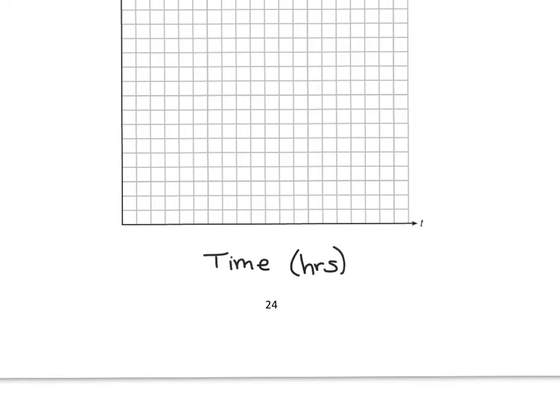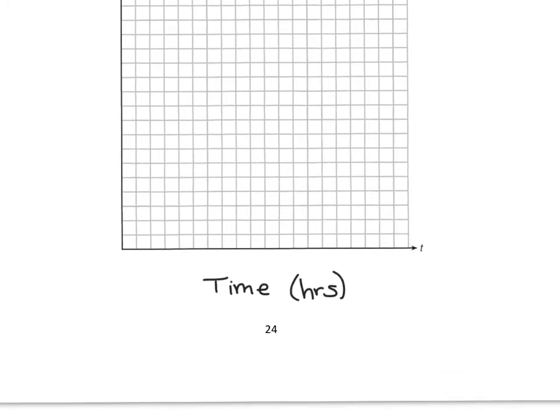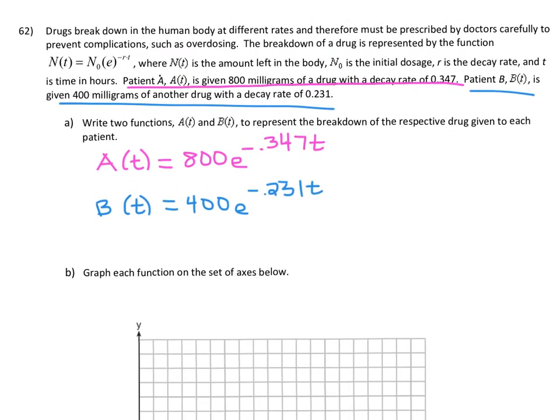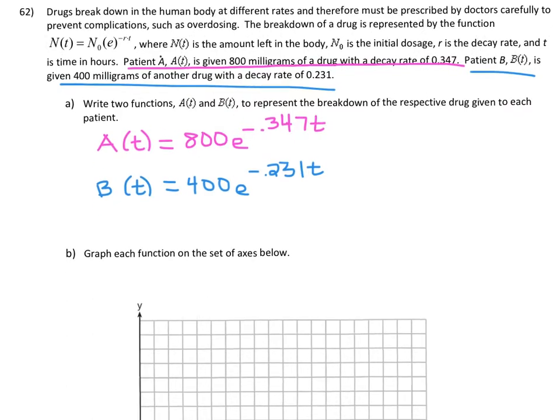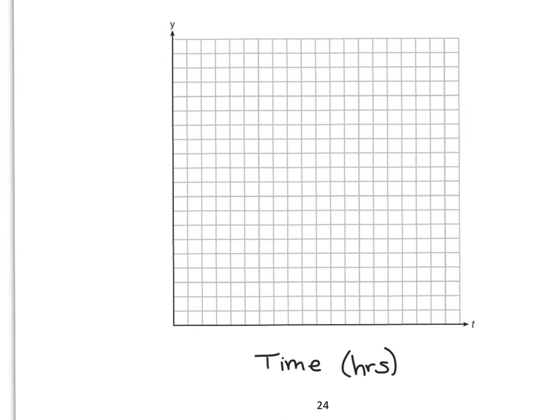Okay, now the y-axis, let me just scroll back up here again. Okay, so the y-axis is going to be represented by whatever N of T stands for. And it says here that N of T is the amount left in the body. So it's basically the amount of drug that remains in the body. So I'm going to label this axis over here.